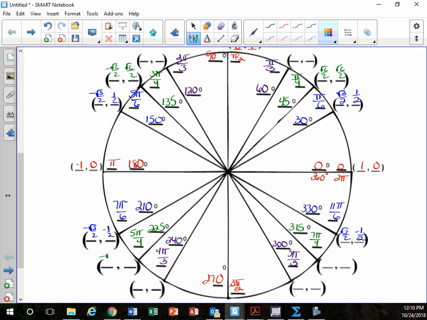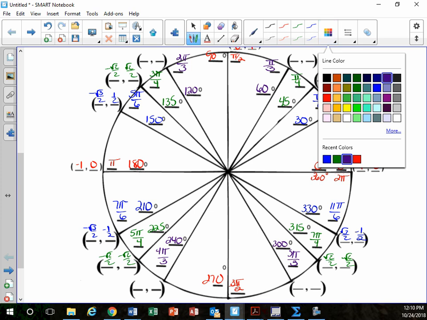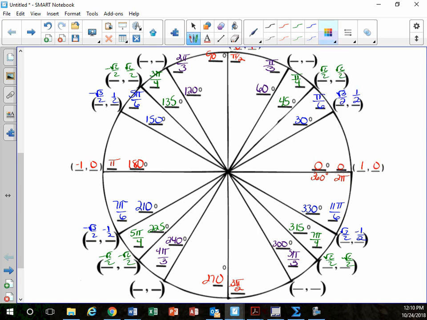Both negative. Positive x, negative y. We okay with the green ones?